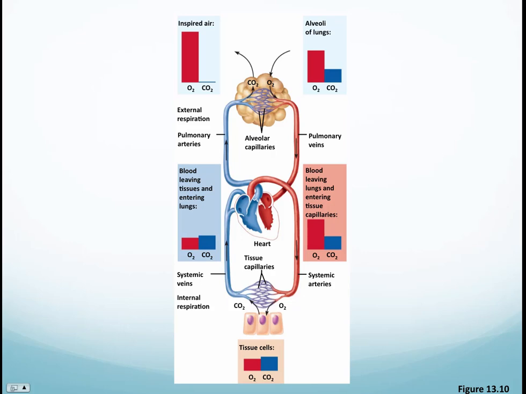Here's a quick reminder and overview of the concentration of oxygen and carbon dioxide from our lungs and also systemically to help you recall why oxygen is going to enter into our lungs at this capillary level of the alveoli. And then once we get to our tissues and cells, we have more carbon dioxide. So by simple diffusion, it's going to go in this direction.